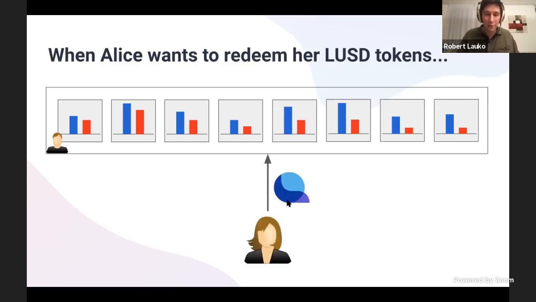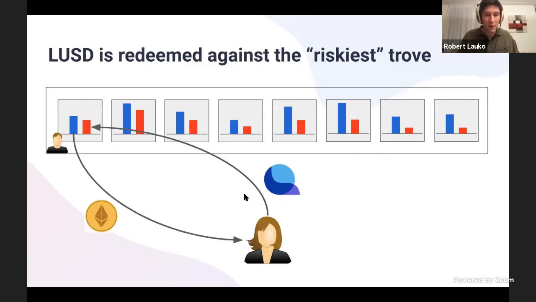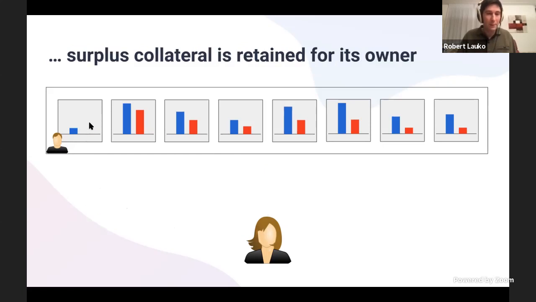And now when Ashley comes along and wants to redeem LUSD for Ether, what happens is that the system starts at this position and uses the Ether that is redeemed to repay Bob's debt. So this happens.